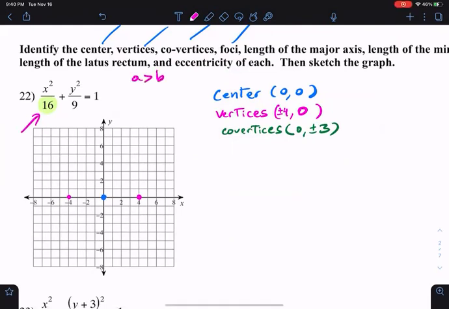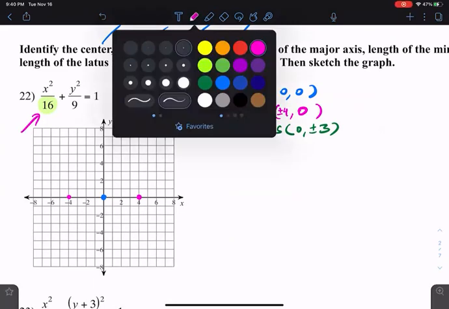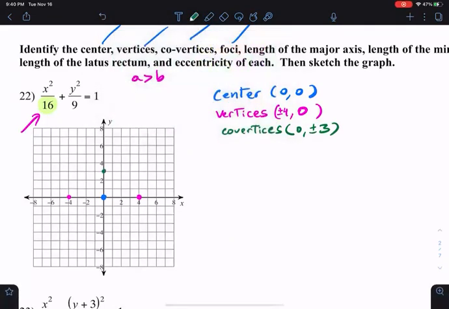A is always bigger than B. If the A is below the X value, that's the major axis. And the minor axis should be 3 here and negative 3 here. So you can just trace now. Okay, so if you trace, you get that.